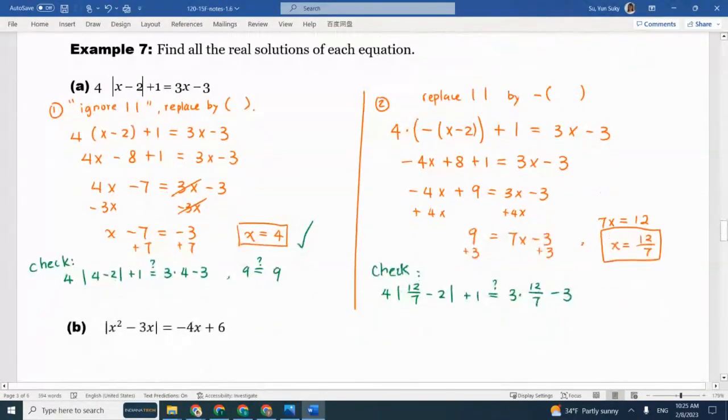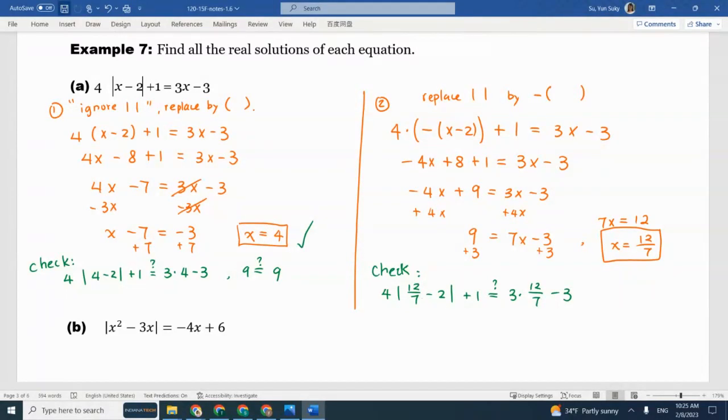This is harder because we have rational numbers. Do you know what's 12 over 7 minus 2? Fractions. Yes. We all hate it. So let's take the common denominator. What's the common denominator?